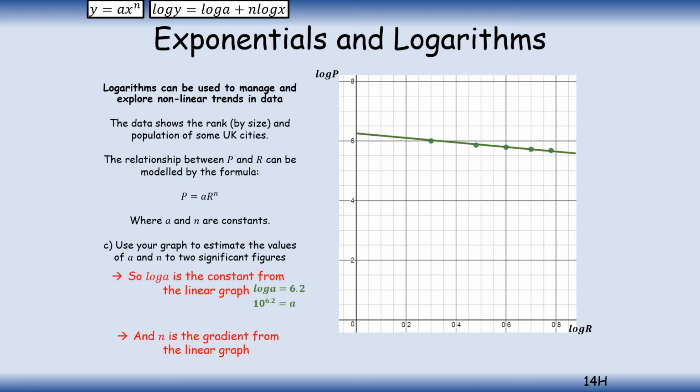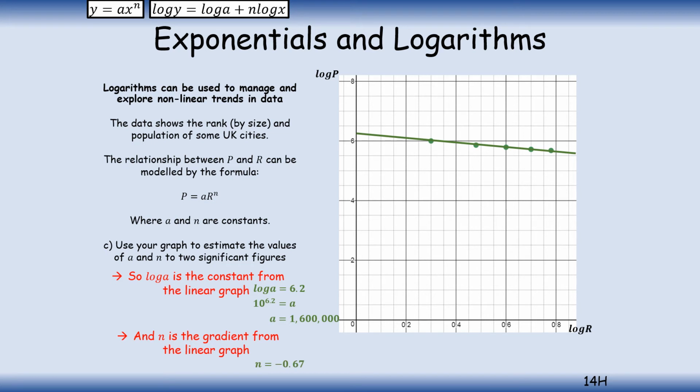You know this from the previous lesson. To write this in exponential form, by default, the base is 10. So you could write 10 to the power of 6.2 equals A. You remember this from last lesson, right? If you type 10 to the power of 6.2 on the calculator, it gives you the following. So there we go, we got our A value.